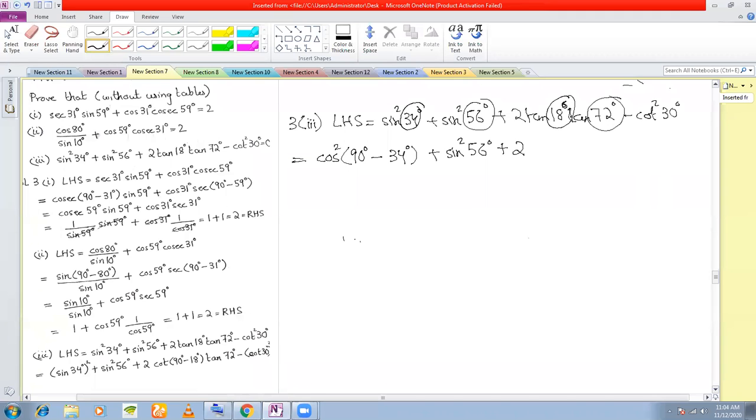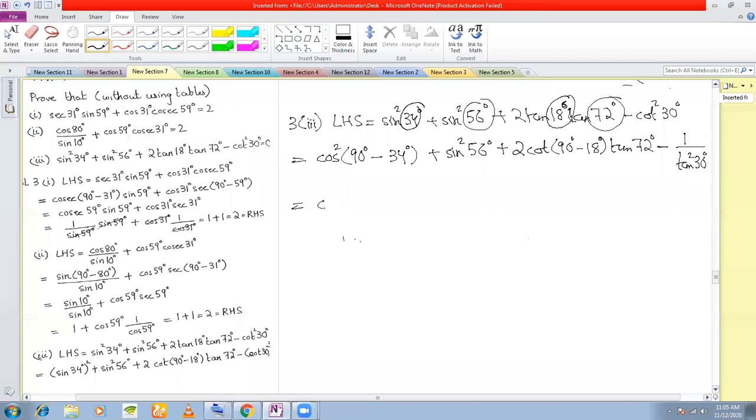So you change this tan to cot of 90 degree minus 18 degree, and keep the second tan as it is, tan 72 degree, minus cot square 30. Cot square 30 can be written as 1 by tan square 30, and tan 30 is a standard angle, so you can put the value directly.